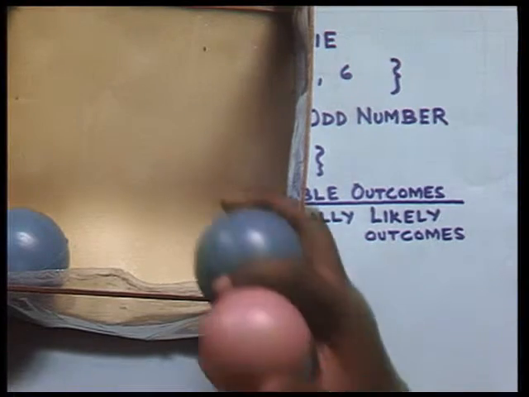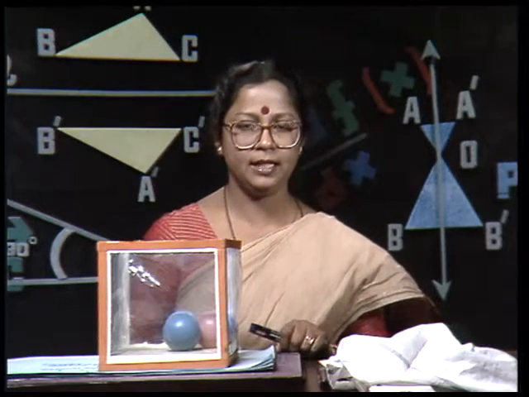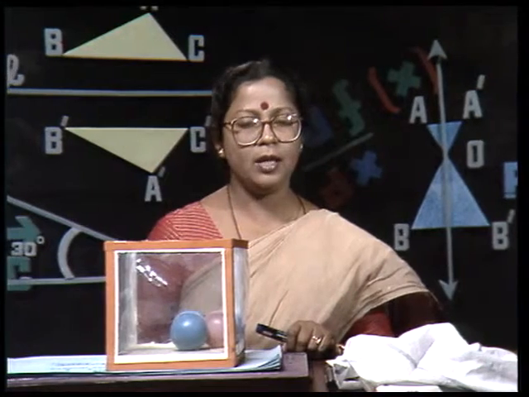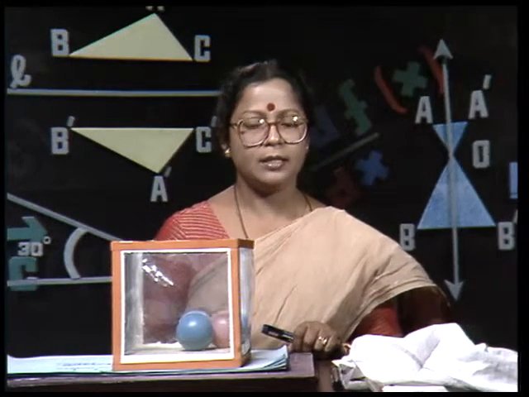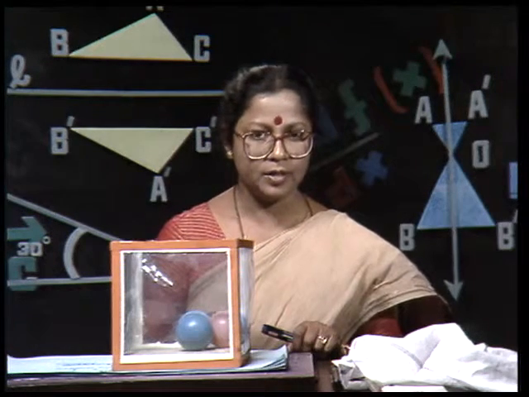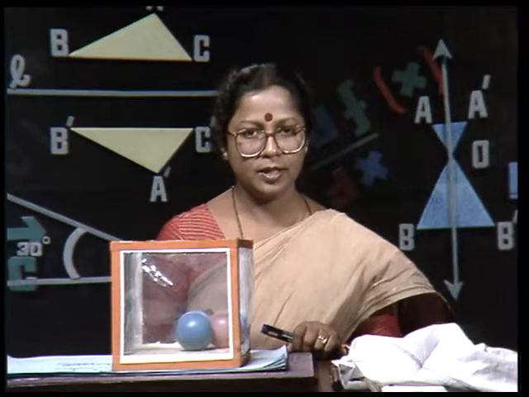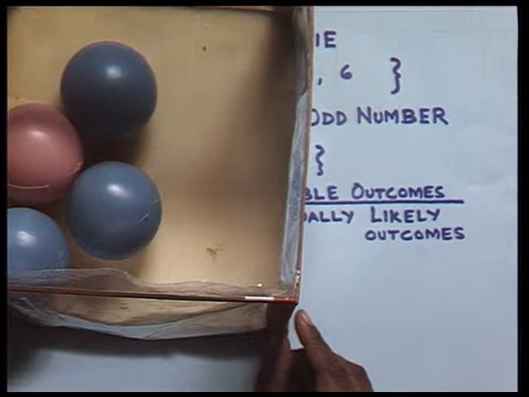Now, suppose I increase the number of blue balls inside this container. So, now we have 1 pink ball and 3 blue balls inside this container, and the experiment is picking up one ball at random. So, the sample space will have 4 outcomes, but the event is picking up a pink ball from this container.